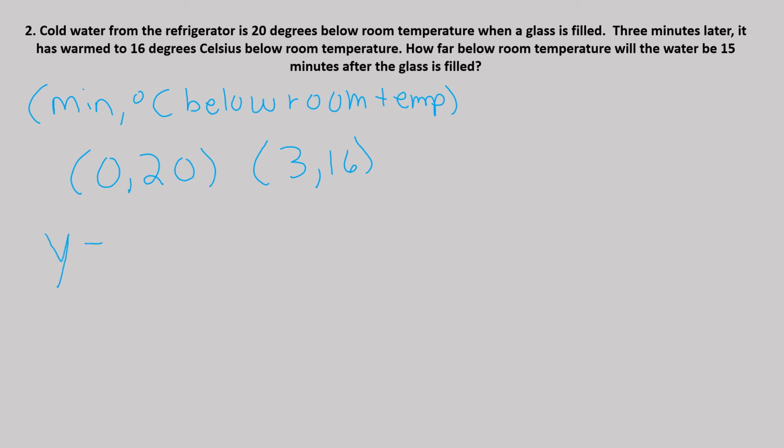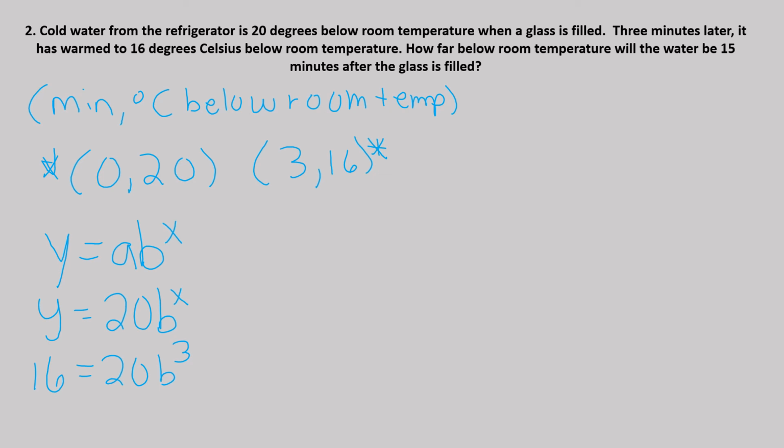Just like the last problem, we are going to use y equals a b to the x because this is exponential. And we do know our a, once again, is 20 because we have this point here, our y-intercept. Then we're going to plug in this other ordered pair for 16 equals 20 b cubed.